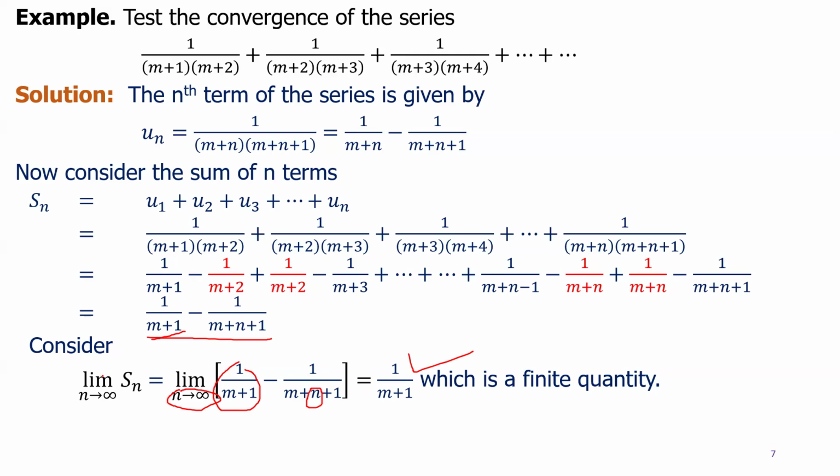The limit of Sn as n tends to infinity is 1 upon (m+1), which is a finite quantity. Since the limit of Sn when n tends to infinity is a finite quantity, the given series is convergent. Thank you, dear friends.